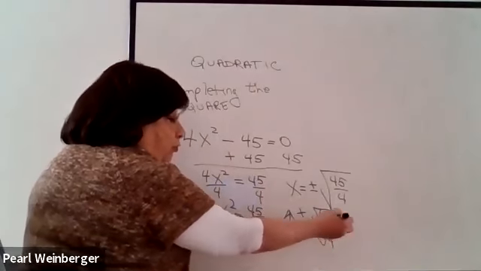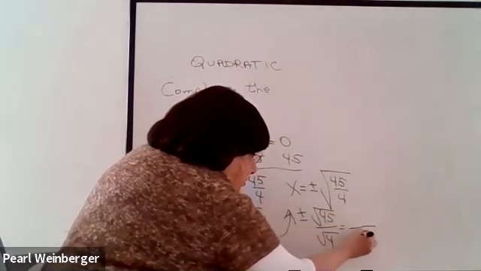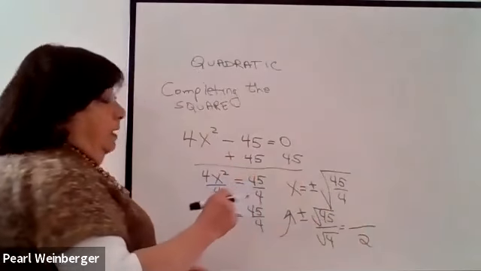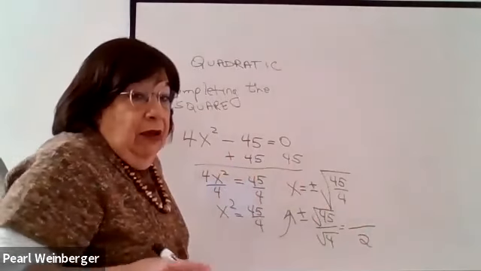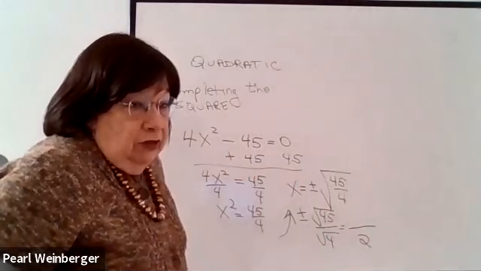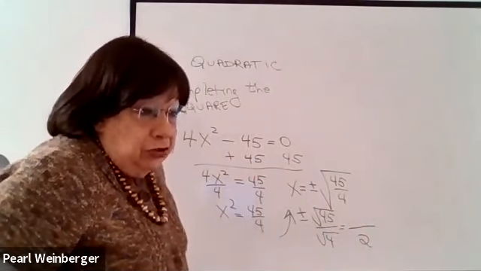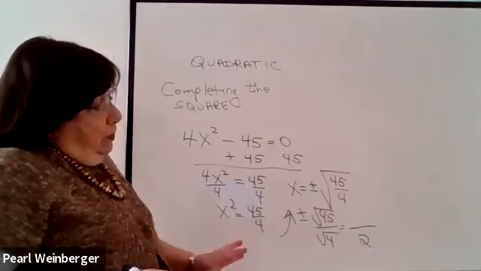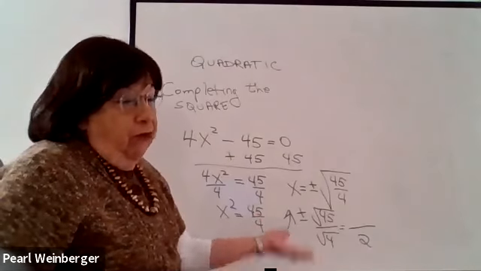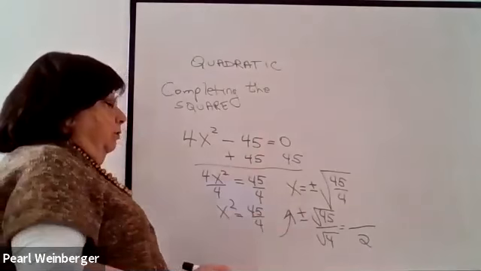Certainly the square root of 4, the denominator, is easy to simplify. It's 2. Remember, if you couldn't take its square root, you would have to rationalize that denominator. But it turns out you can just take the square root of 4, which is a rational number.